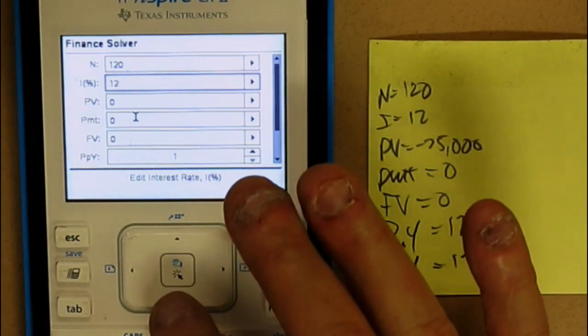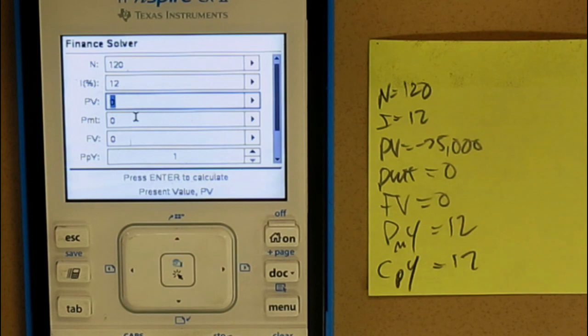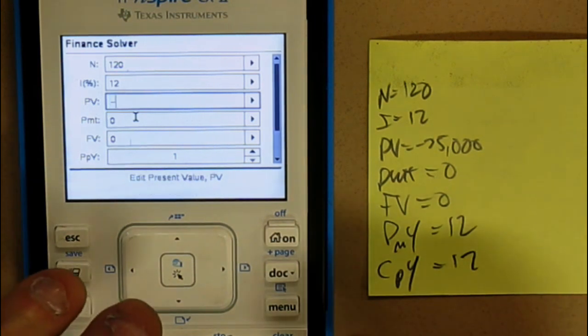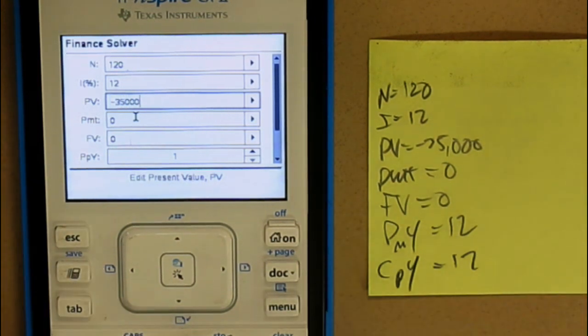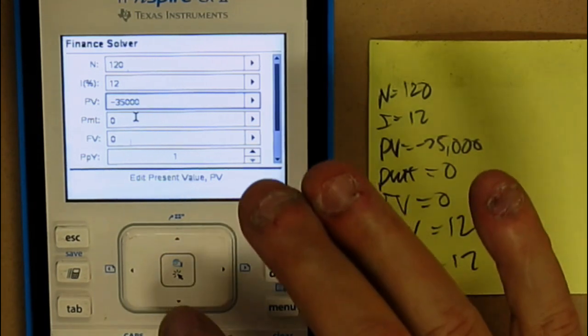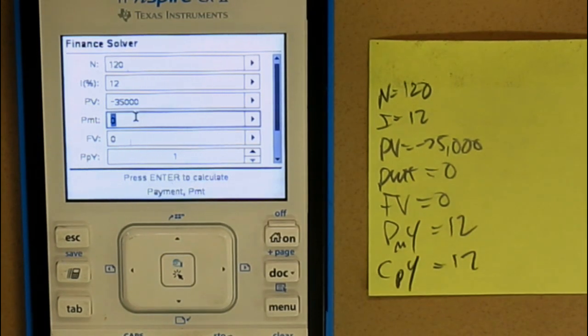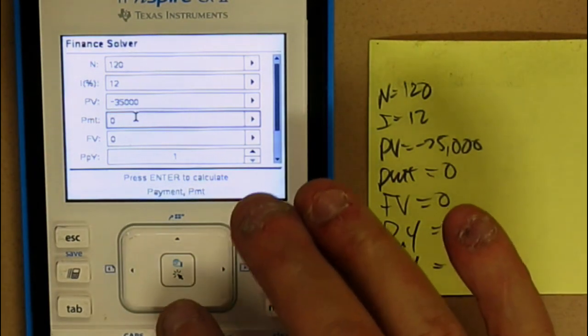Now the present value, this is interesting. The present value to us is negative because we owe that money. So that would be minus $35,000. We're going to pay that down to 0. Payment we don't know yet. That's what we're trying to find out, so we leave that alone. Future value. Think for a minute.